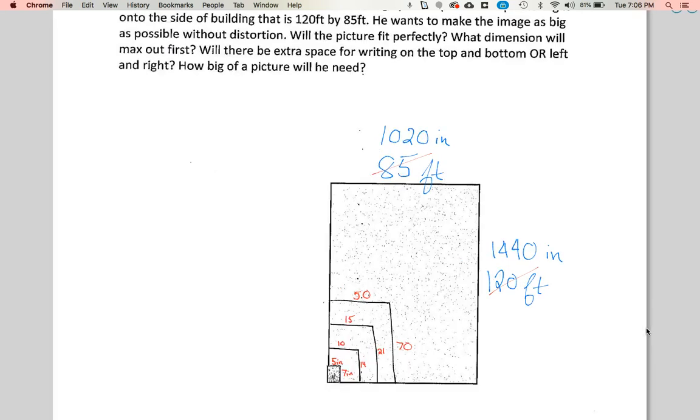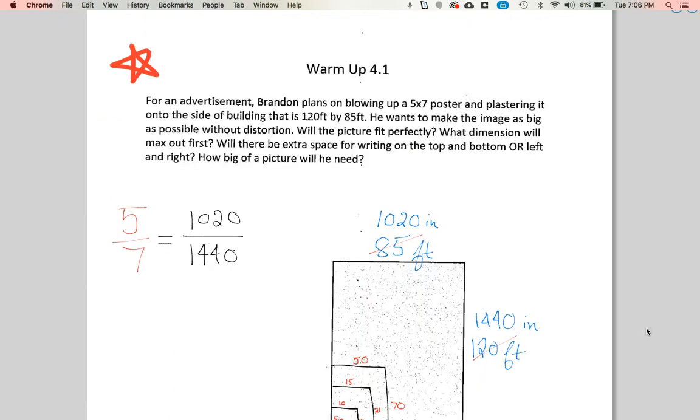And how we can check that out is we can say, is 5/7 proportional to 1020 over 1440? So will it fit perfectly? That's what we're trying to figure out right here.